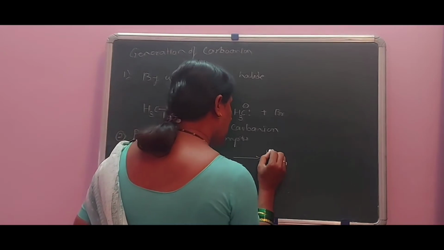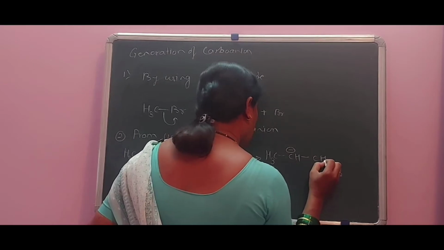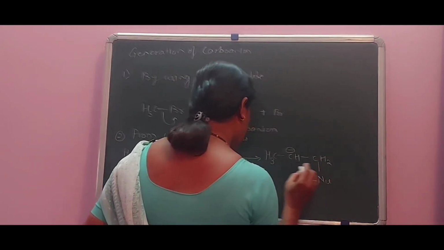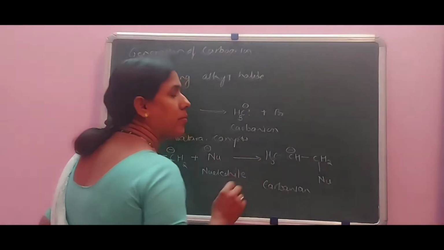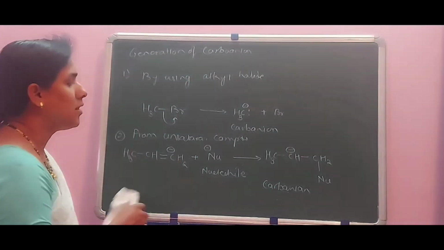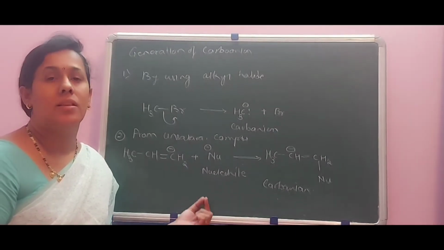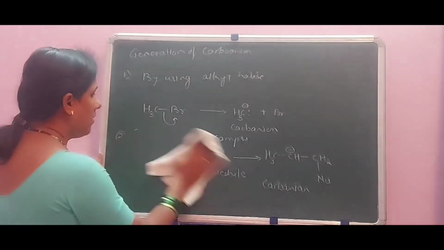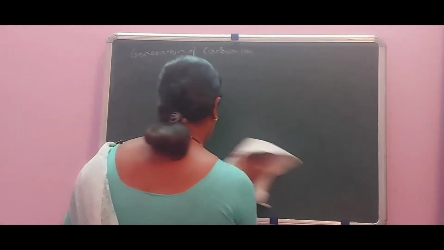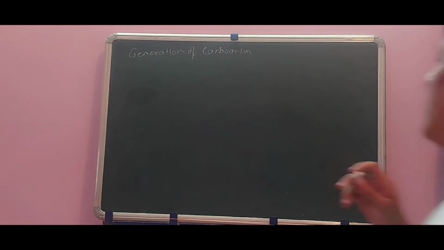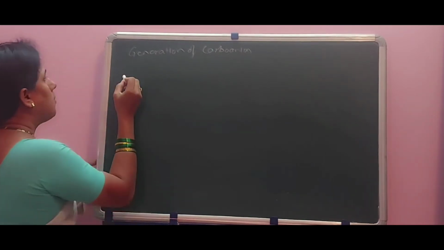So here CH3 CH2 with the nucleophile, thus generation of a carbanion. Now the next step is about how the carbanion is generated by another process, that is, from a carbonyl compound.